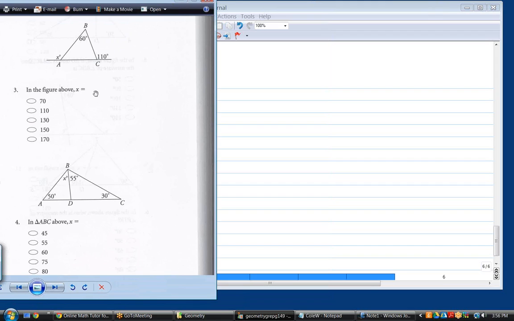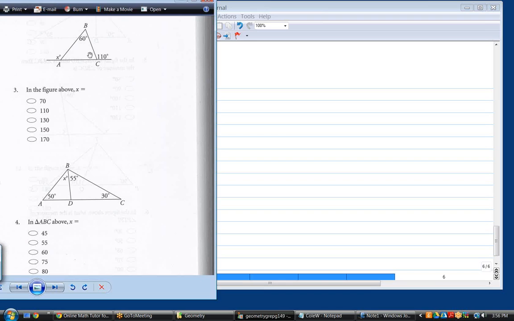In this figure, what is x? What's this angle right here? Remember that in these triangle problems, you always have to figure out something else.